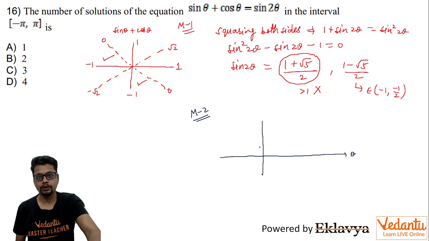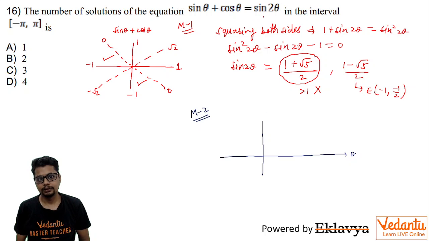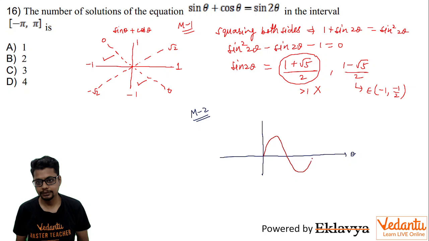So here we go. The sine 2 theta graph is quite simple. As theta varies from 0 to pi, 2 theta varies from 0 to 2 pi. So sine 2 theta would be like this. This is 0, pi by 2, pi. Similarly, it will be like this. This is minus pi by 2, and this is minus pi, so to speak.